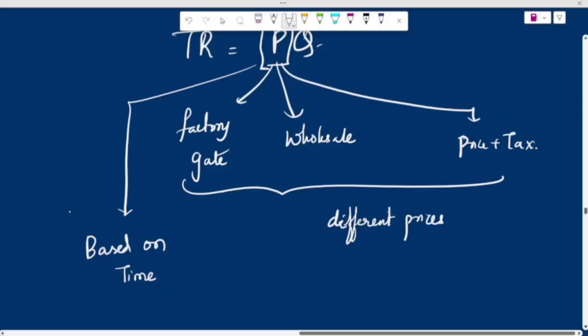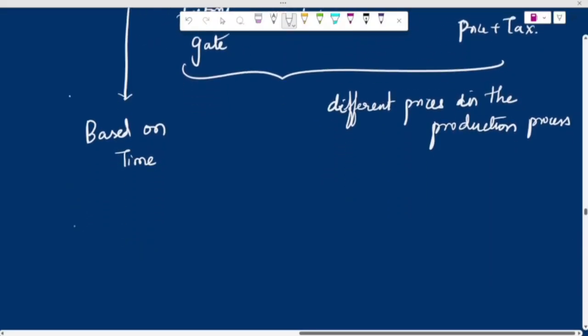If it is brought to showrooms, it will come with high taxes. So according to the different prices in the production process, and based upon time also, the price will be changing.